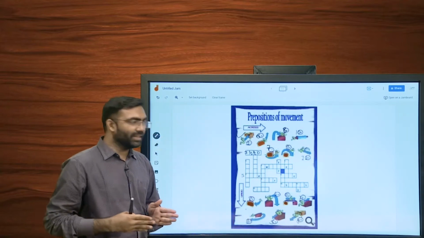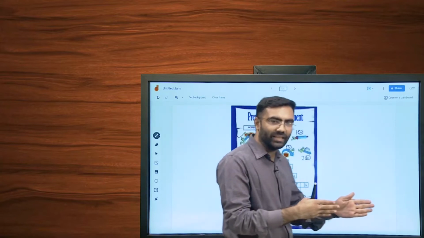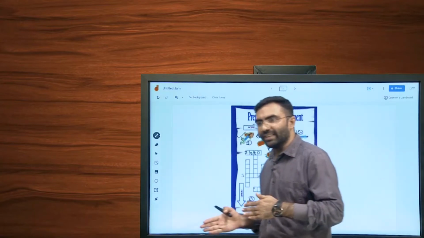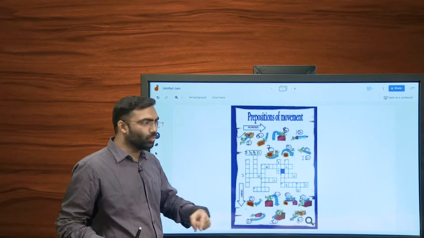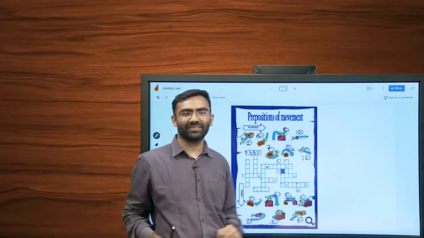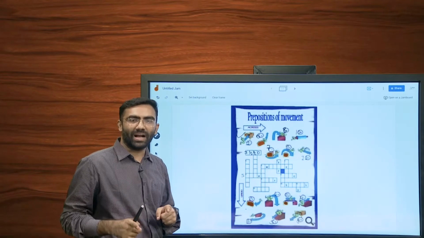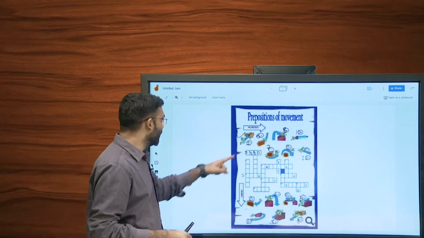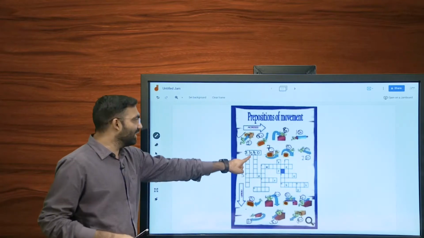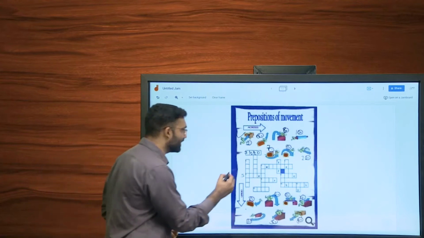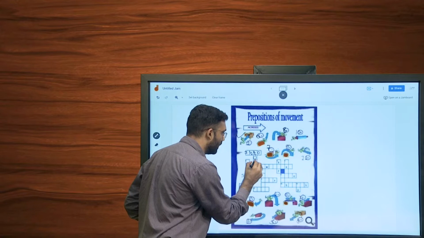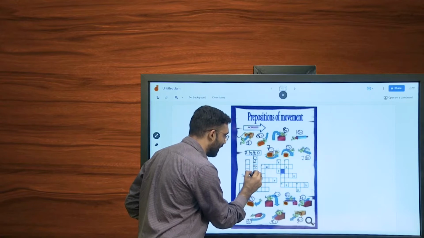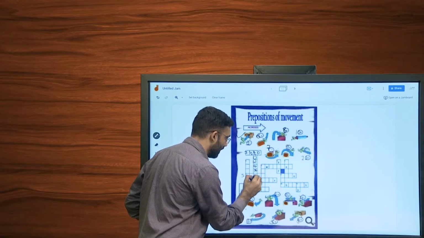When there is movement in the direction of something like this or like that, what would you call it? I am going towards that side. I am going towards that place. So it would be towards. T is already given to us. Let's fill this: T-O-W-A-R-D-S. Towards.